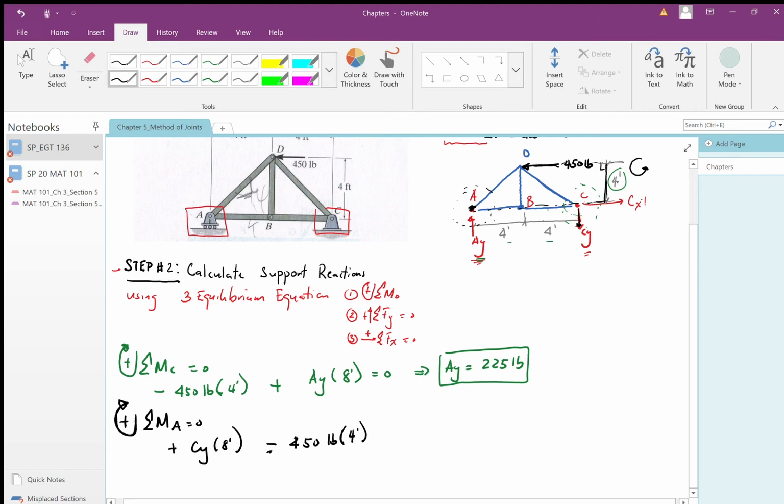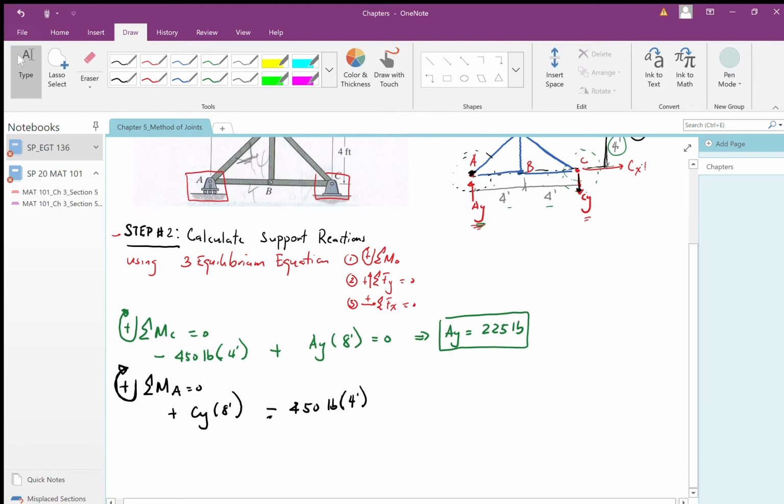So when I do that, I set this equal to 0 and solve for my CY. So my CY equals 225 pounds.